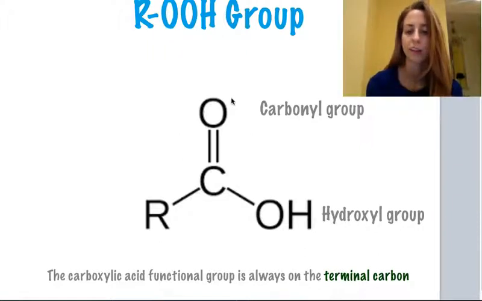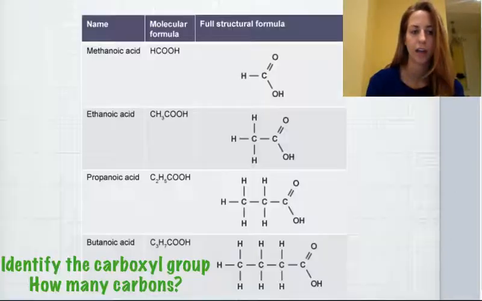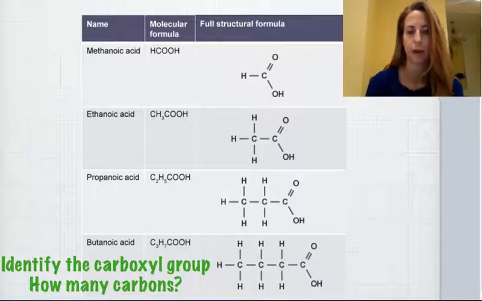They are always found on your terminal carbon. What this means is you'll always see your carboxyl group at the end of your hydrocarbon chain. Examples of carboxylic acids are methanoic, ethanoic, propanoic, and butanoic. You can see that all of the carboxyl groups are found on the end carbon.